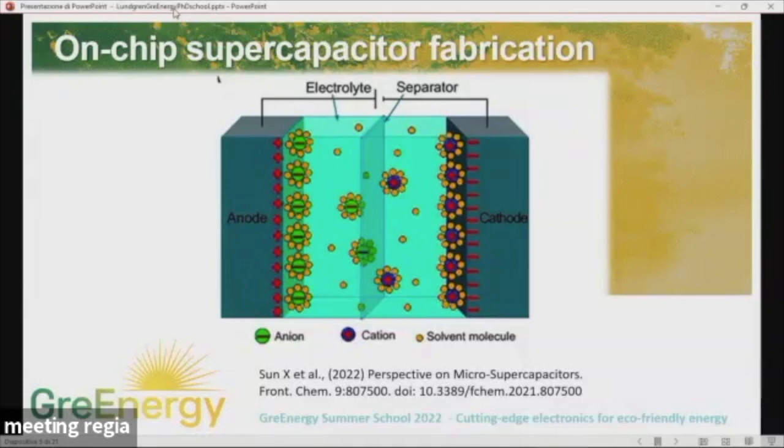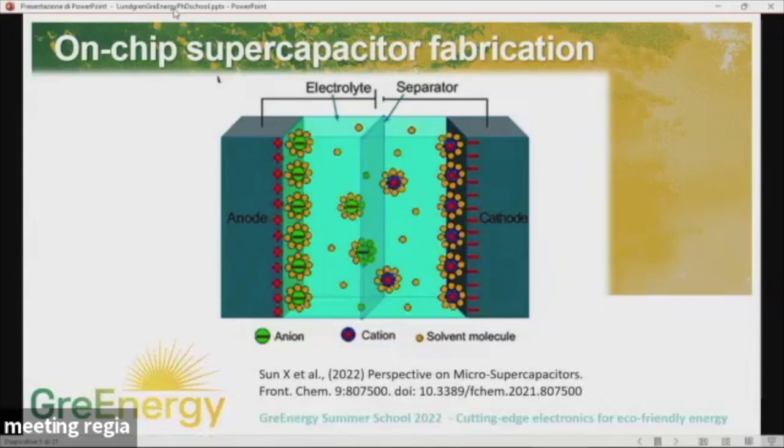So the basic material function here is that you want to have an electrolyte with ions where you can provide capacitive charge storage by moving ions in the electrolyte out to the surface electrodes.